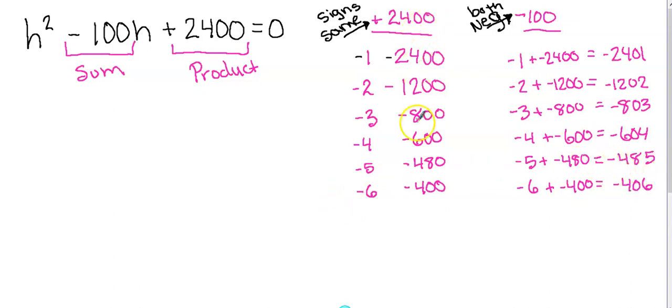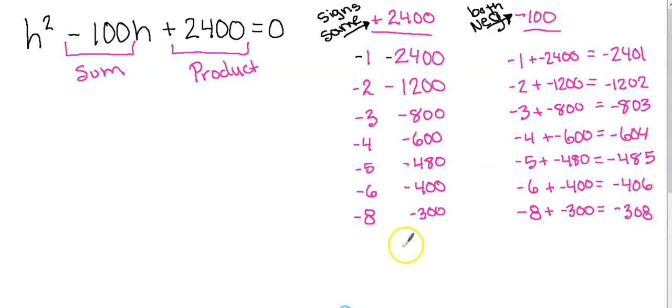7 does not divide evenly into 2400. 8 does. 2400 divided by negative 8 is negative 300. I am going to skip down for you so you don't have to keep watching me do this. And I'm going to go up.